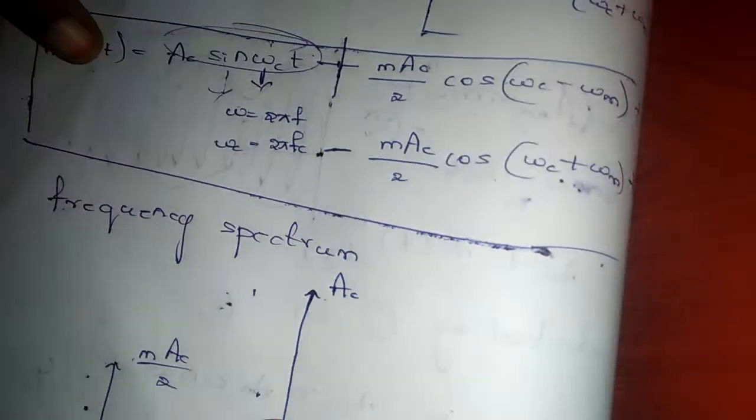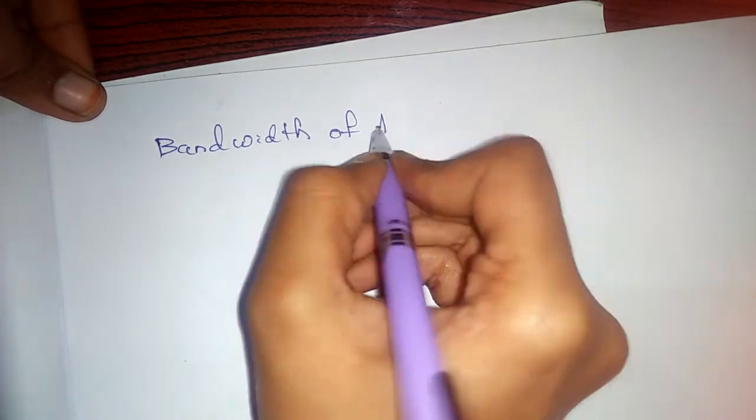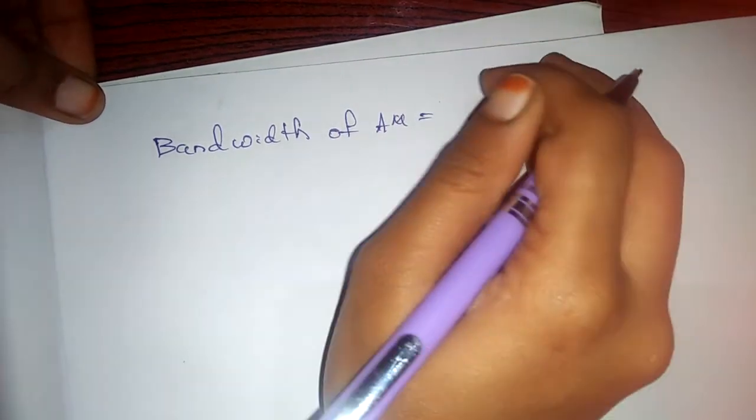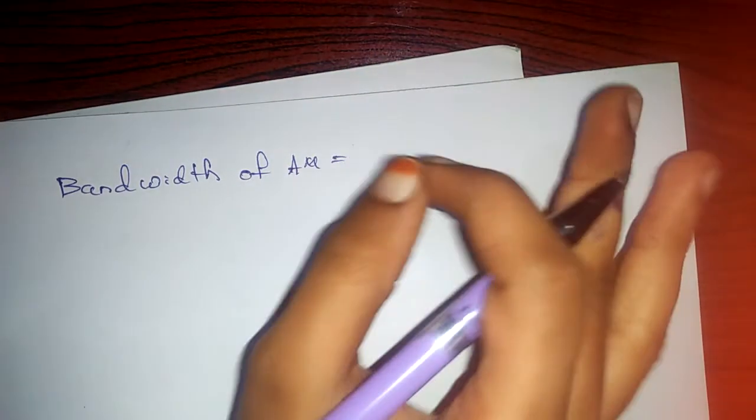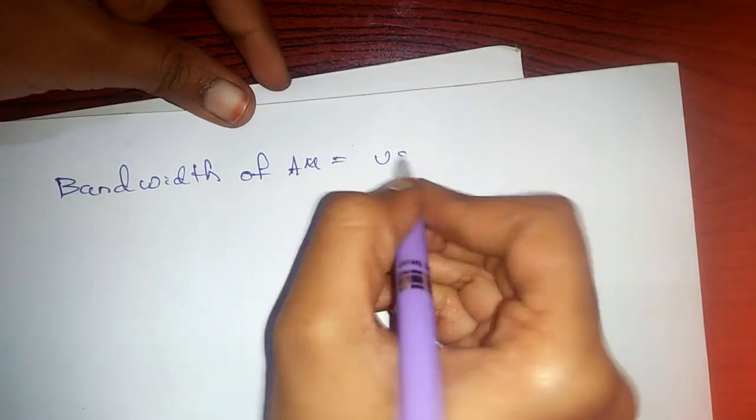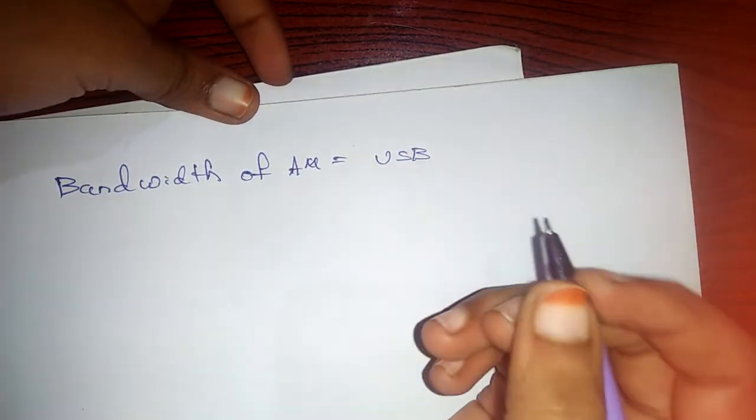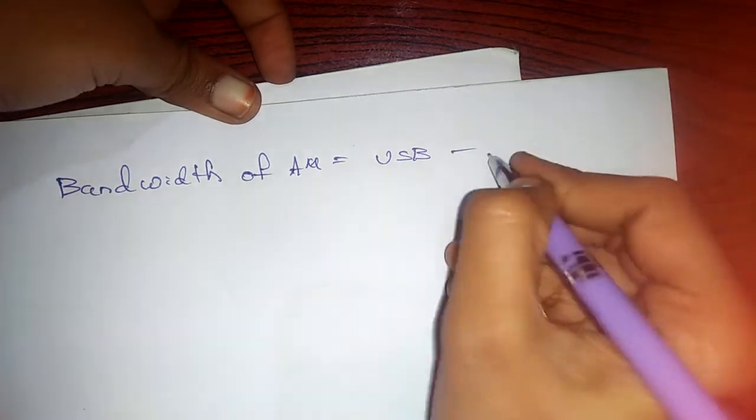Okay, let me also tell you another small concept, that is the bandwidth of AM. What is the bandwidth of the AM? It is nothing but the frequency difference between the upper sideband and lower sideband.